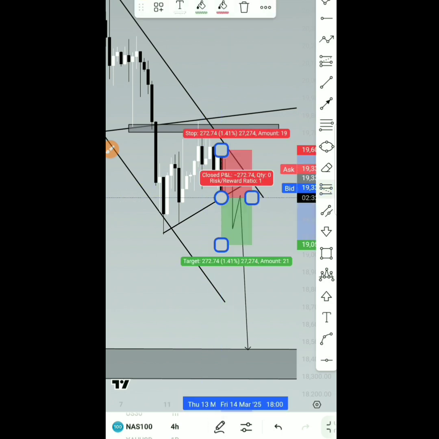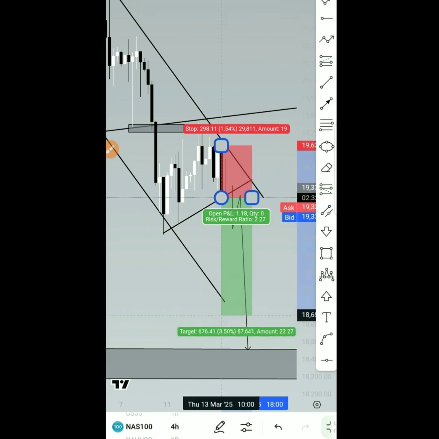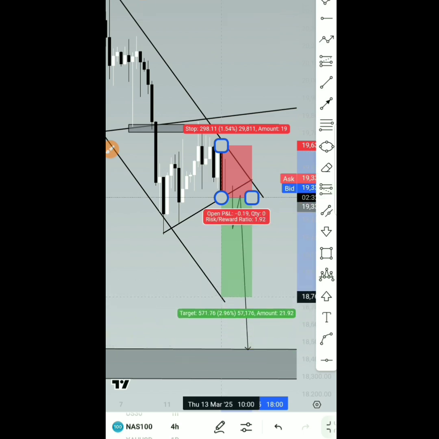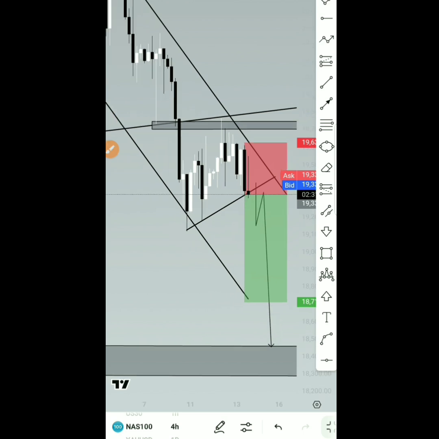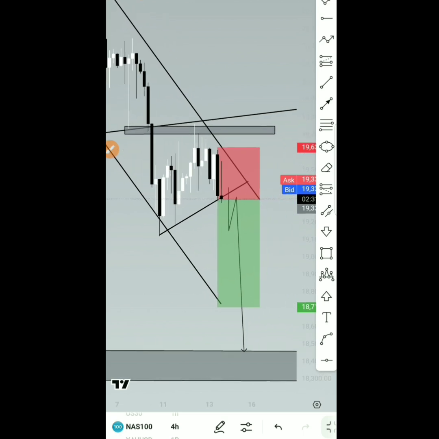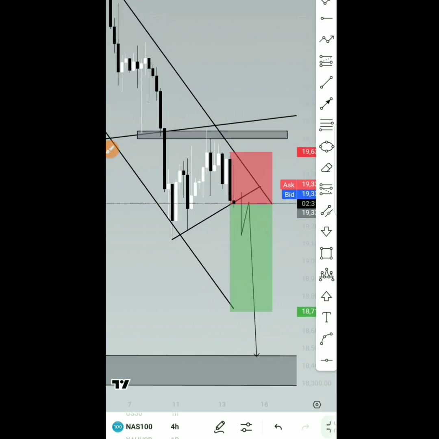So now I'm going on sales on Nasdaq. Stop loss above the latest highs, and let's target the next bar. But for now, let's go 1:2 thereabouts. To keep yourself consistent, you need to be looking for 1:2 trades. I will come back and tell you the results of this.